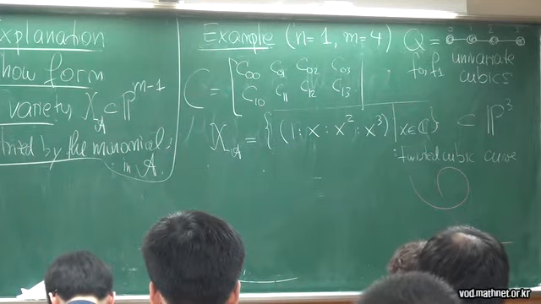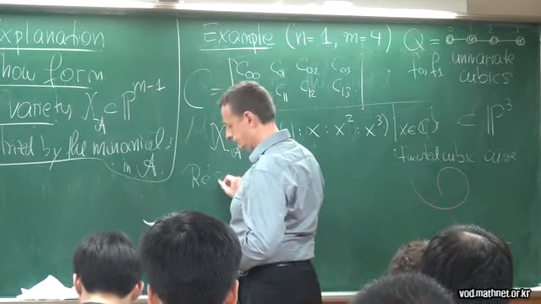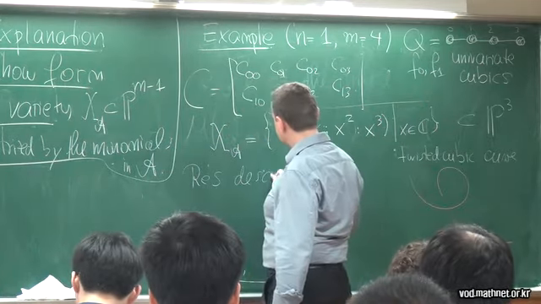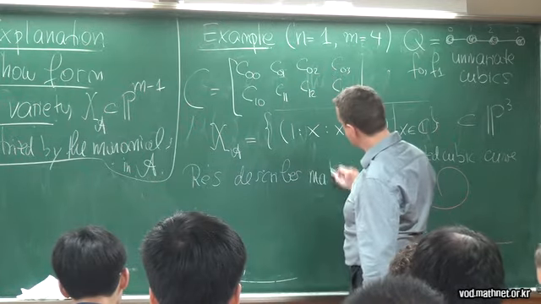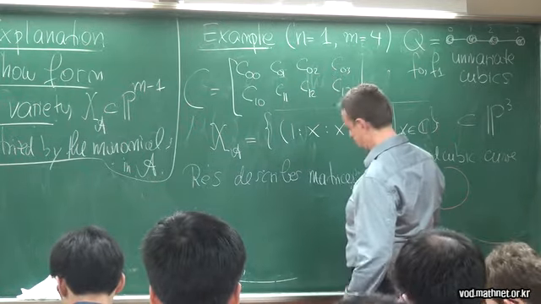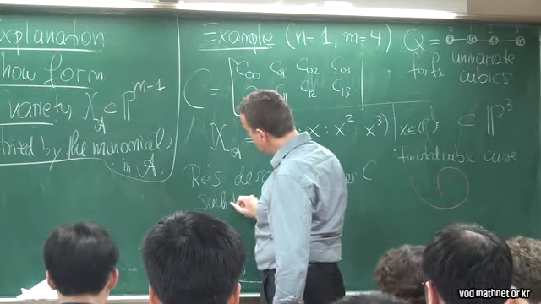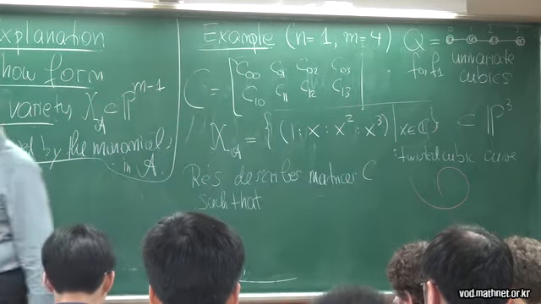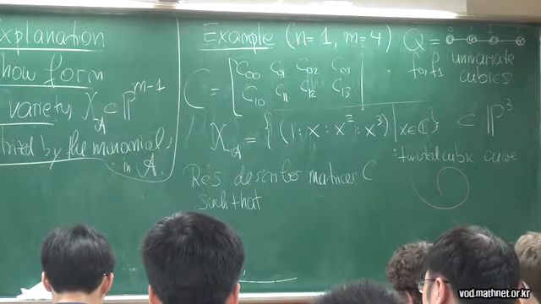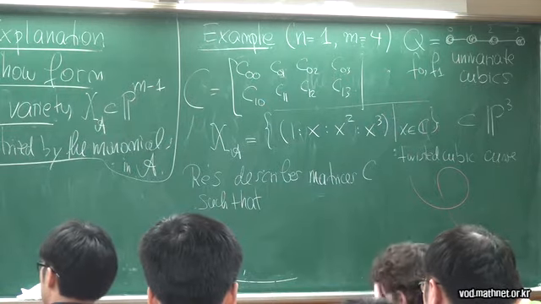Okay? Now what is the resultant? Well, it describes the solvable systems, right? So it describes all matrices such that the corresponding system of 2 equations in one variable have a common solution, right? So it describes the set of solvable systems, star, right?